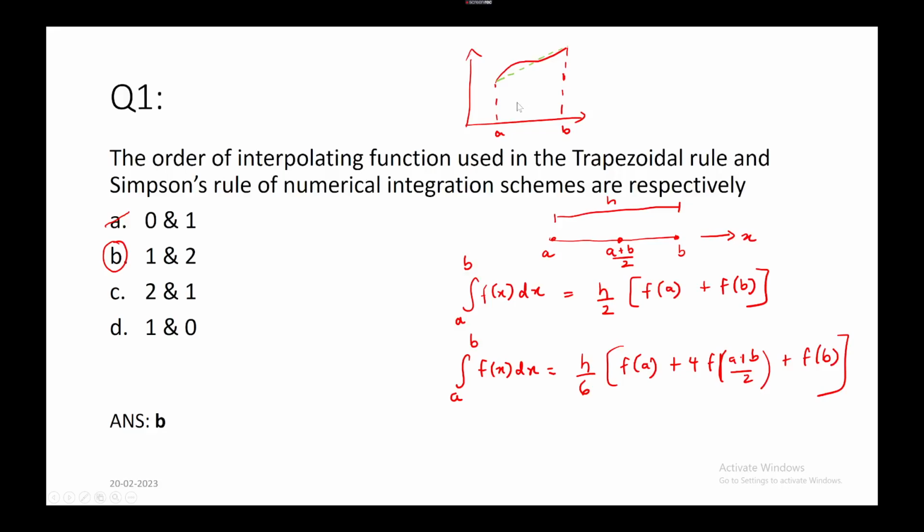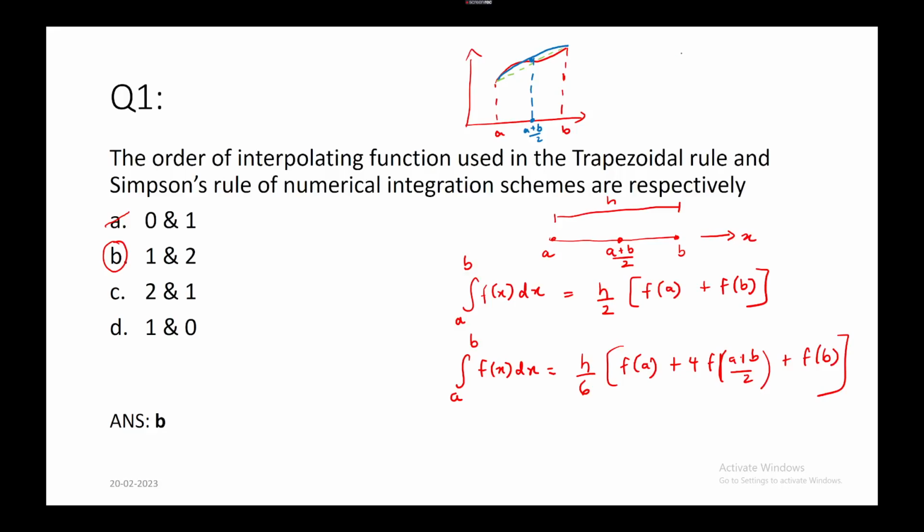But in the case of Simpson's, let me choose another color. So you have 3 points for interpolation. What Simpson's does is, it chooses another point which corresponds to the midpoint (a plus b) by 2, and it does a quadratic interpolation like this, which passes through the endpoints and this midpoint.